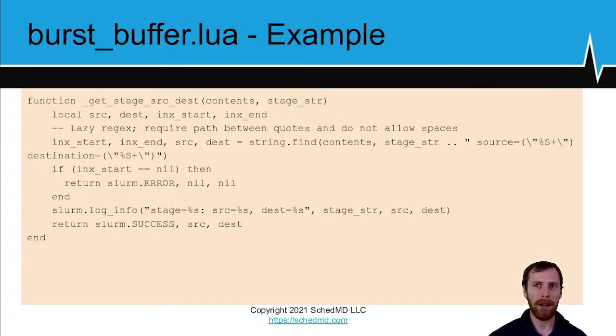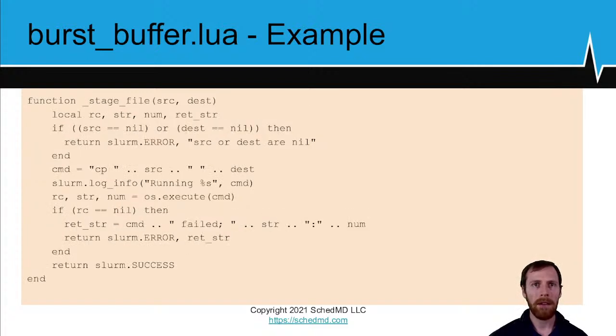You can find some actual regex that parses good file paths, and you can do it with directories or however you'd like to do it. This is just a simple demo. I also call slurm.loginfo to show that you can log to the slurmctld log file, and then I show the different files that I got out from it.